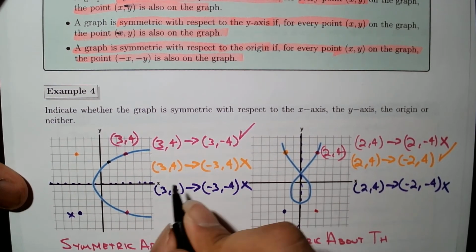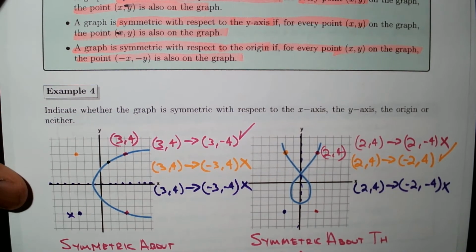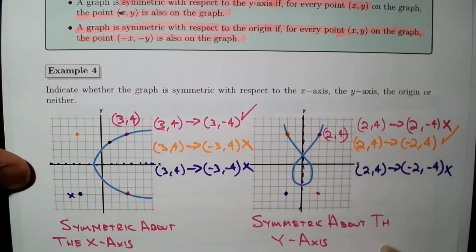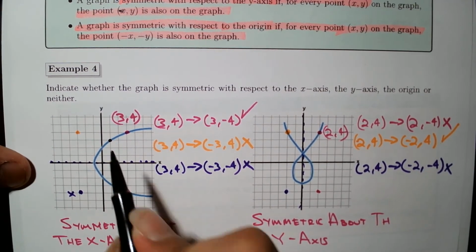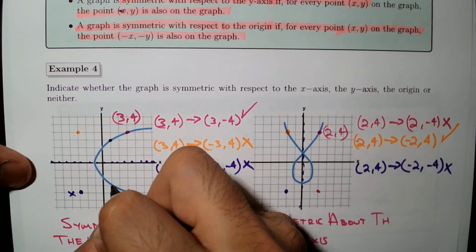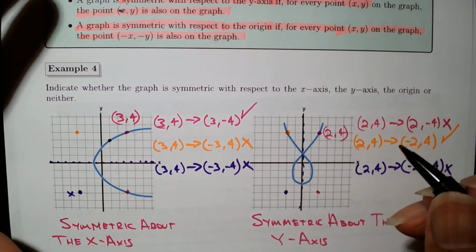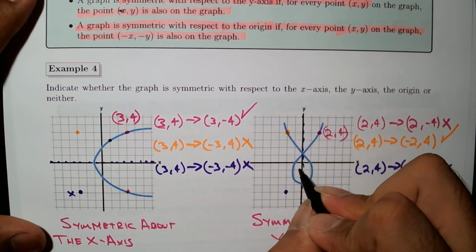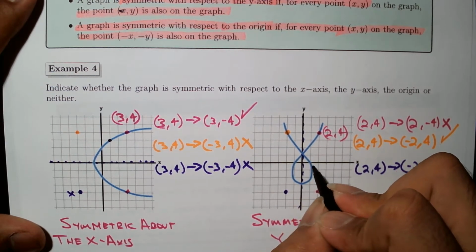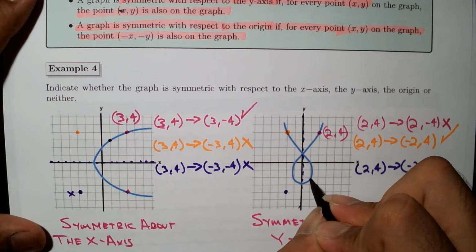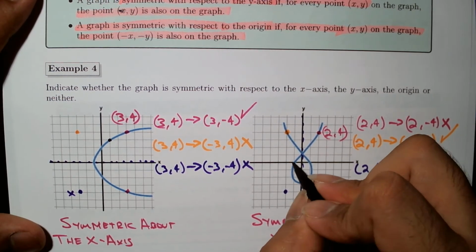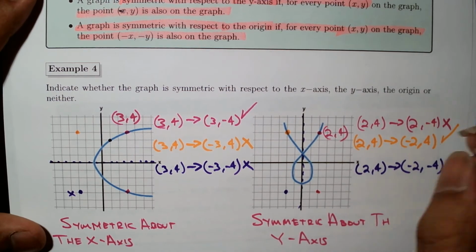If you want to do that as an additional exercise, go ahead and try it. The point 1 comma 3 should work, or choose the 1 comma -3. It's fine. Over here I could have chosen the point 1 comma -2. It looks like it, right, because there's a bunch of points here in the graph.